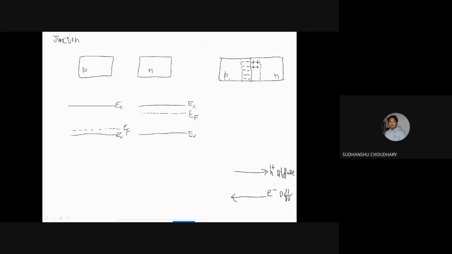Donor has a positive sign and acceptor has negative. So in P-type, when holes diffuse from P to N, they leave behind ionized acceptor impurities. Similarly, when electrons diffuse from N to P, they leave behind themselves ionized donor impurities.